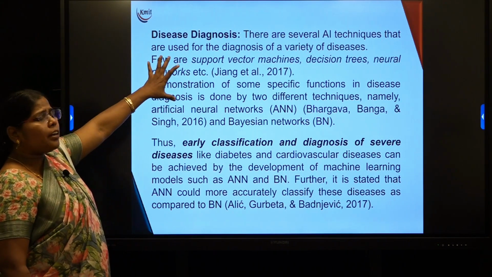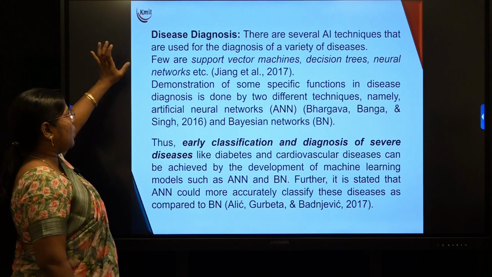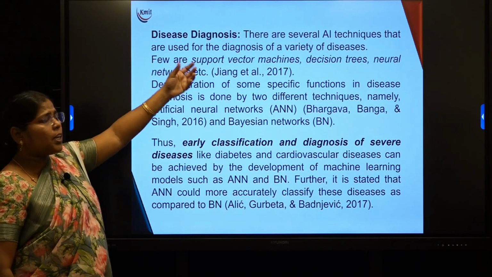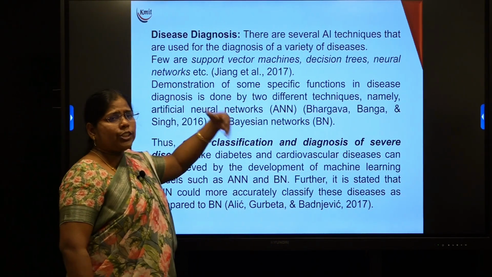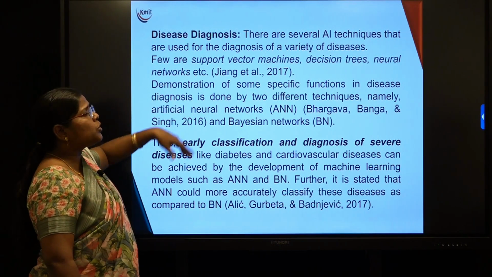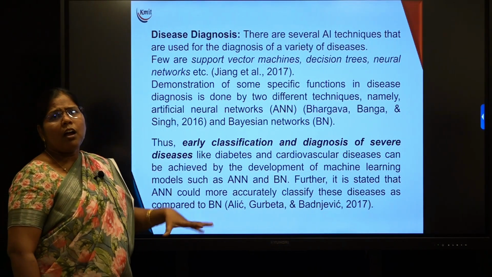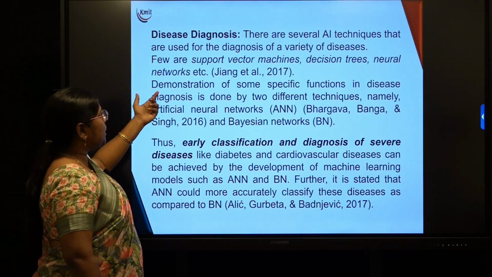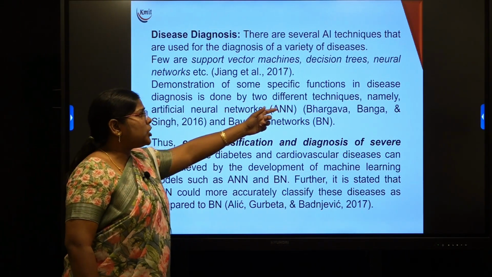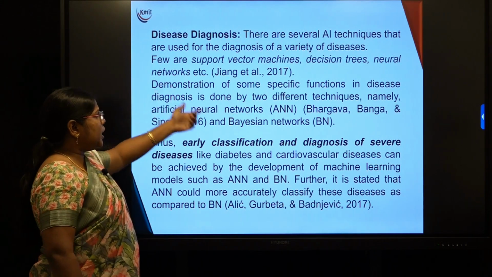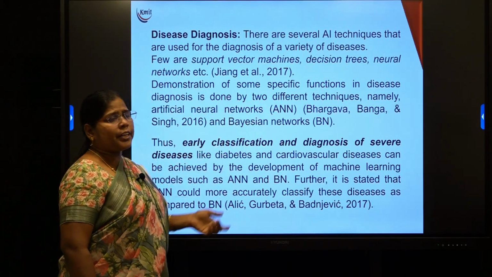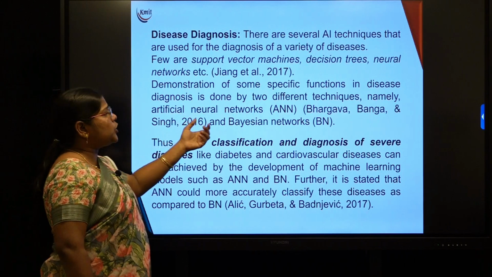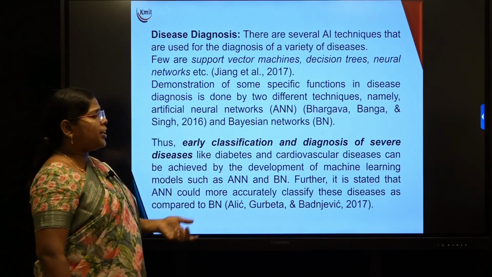Here AI techniques, that is machine learning algorithms like SVM, decision trees, and neural networks, have been used to classify multiple types of diseases. Later, the demonstration of specific functions in disease diagnosis is done by two different techniques, namely artificial neural networks and Bayesian networks.